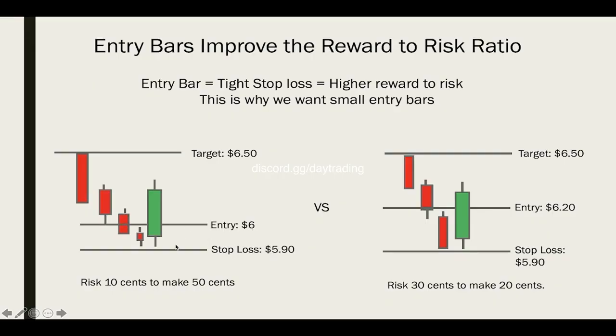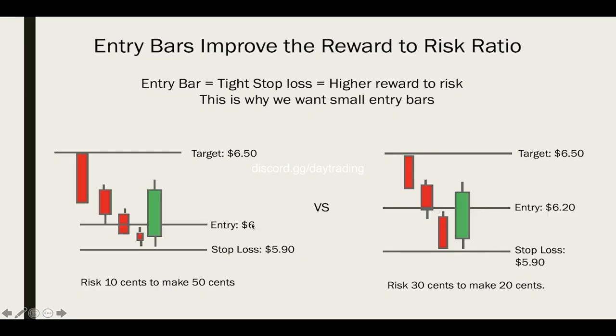We're risking 10 cents, meaning if you enter here and it drops to $5.90, it hits your stop loss, you're out of the position, right? You're risking 10 cents. In this case, if you enter at $6.20 and it goes all the way to your stop loss at $5.90, that's 30 cents, because $6.20 minus $5.90 is 30 cents.